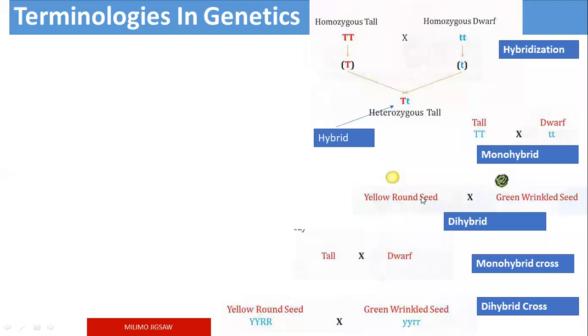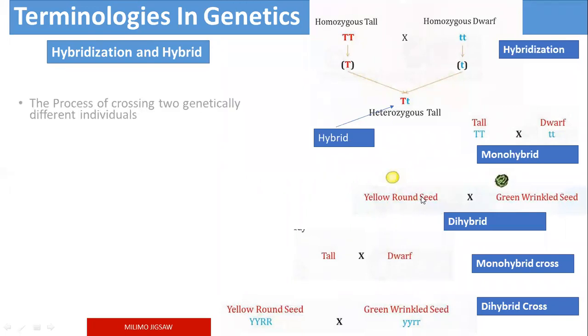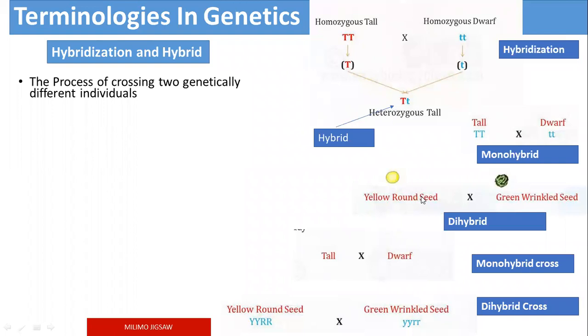What are the other terms that we find in genetics? We have hybridization and the hybrid. When you talk about hybridization, we're simply talking about a process where individuals are genetically crossed. The process of crossing two genetically different individuals is what is known as hybridization.